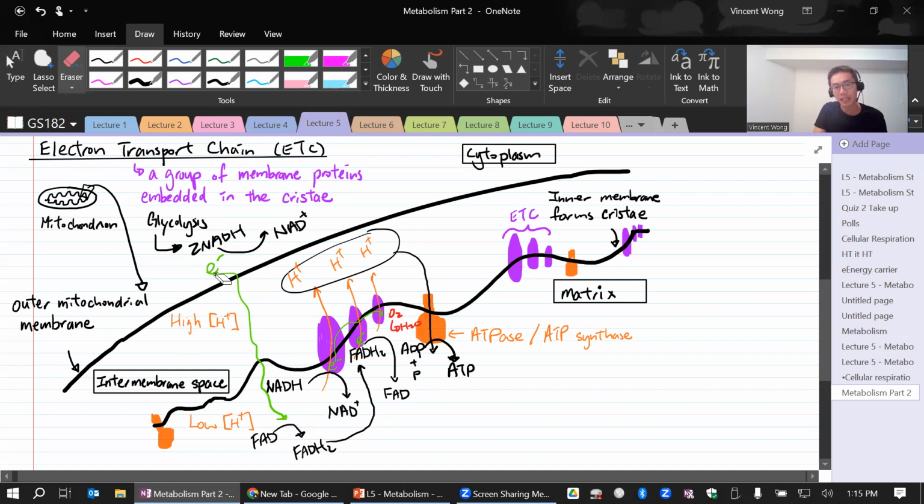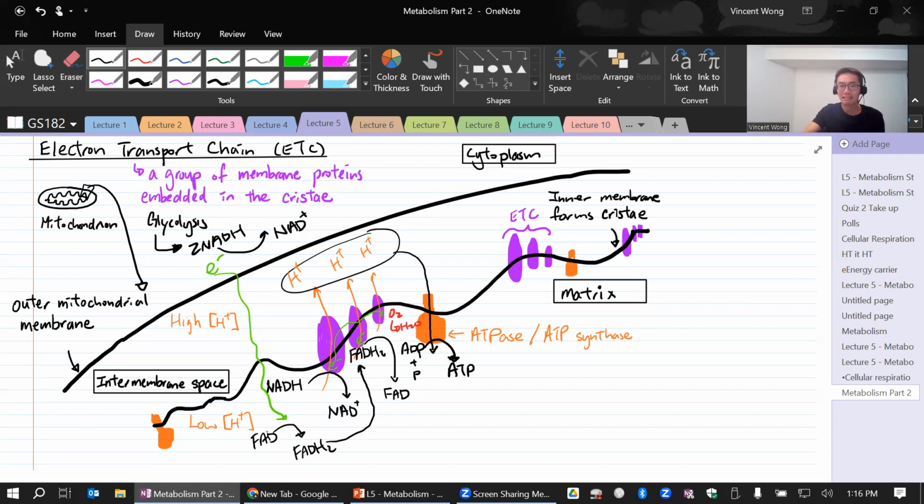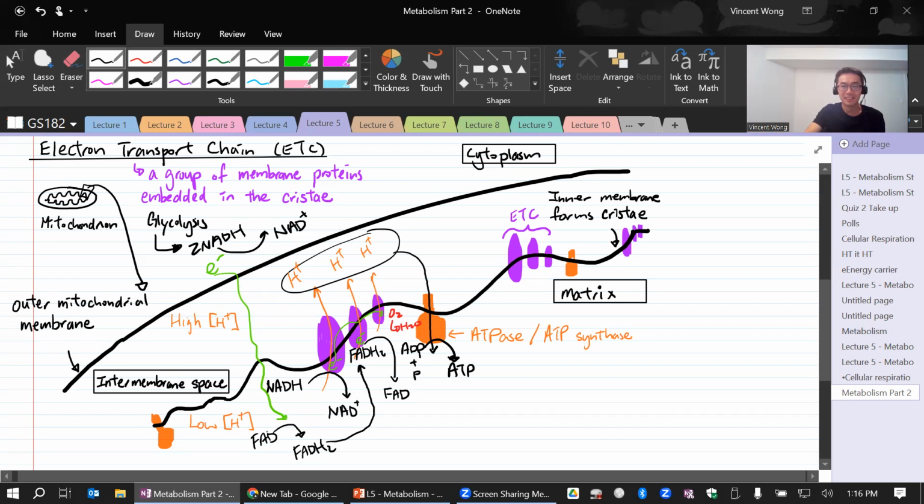The electron actually spends some energy going through the membrane. That's why we have a lower energy molecule picking it up. It's not another NAD that picks it up, because by going through the membrane, it spends some of the energy. So it's just FAD now instead of another NAD plus. Does that answer your question, or did I make it worse? You're okay. I'm good.